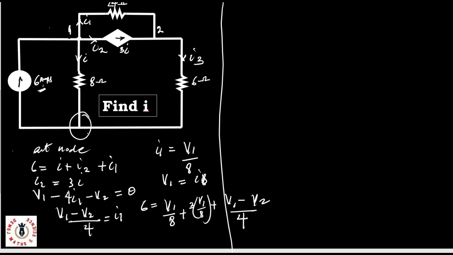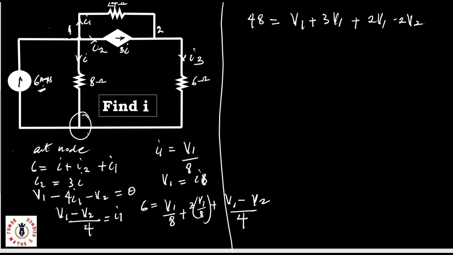So 6 times 8 is 48, equal to V1 plus 3V1 plus 2V1 minus 2V2.